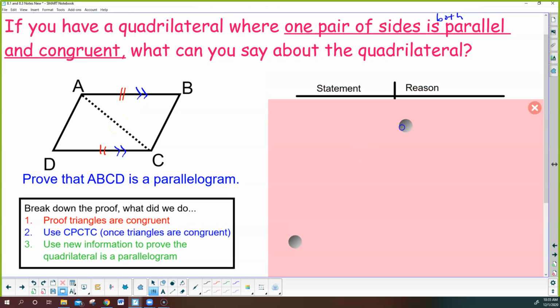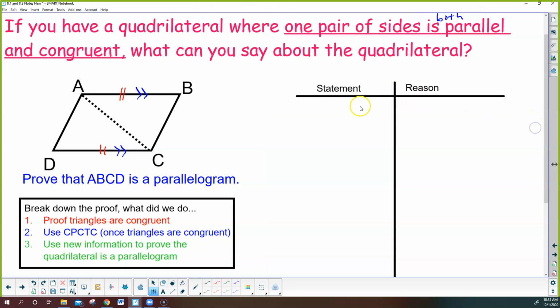Well, I'm not going to go through a full proof here. We don't have time. So let's just look at what we know. Okay? Using the auxiliary line, can I prove that these two triangles are congruent? Well, I already have one pair of sides, and I have the reflexive property. And then if I use the Z, I can say, because of alternate interior angles, that angle CAB is congruent to DCA by alternate interior angles.